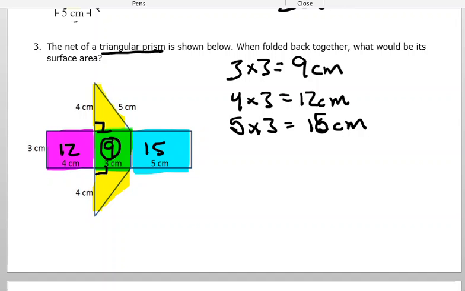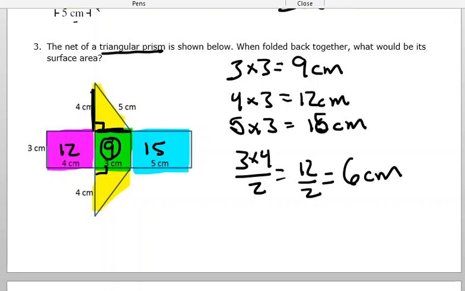So my base here is 3, and my height is 4. So I have 3 times 4 divided by 2, which is 12 divided by 2, which gives me 6 centimeters. Same thing here: my base and my height, 3 times 4 divided by 2, which is 12 divided by 2, which gives me 6 centimeters.